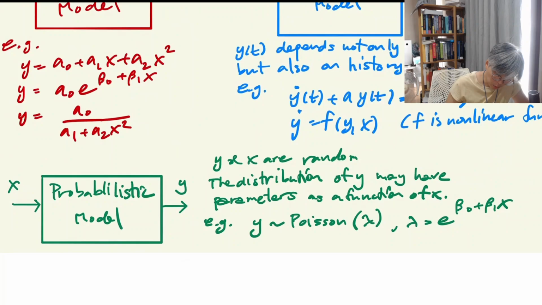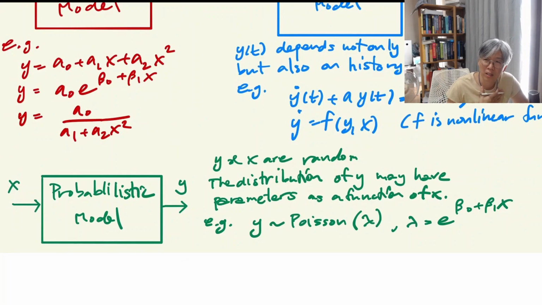Suppose y of x are random, and from an application point of view, your y may take positive integer values, for example, the number of passengers, or rather customers, who come to get service at a counter.